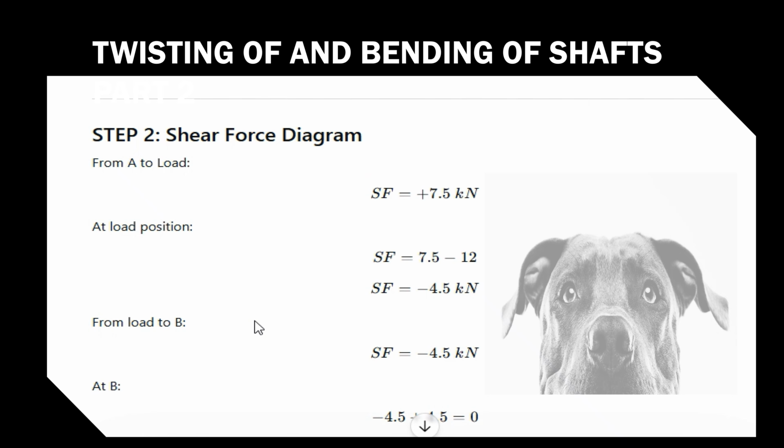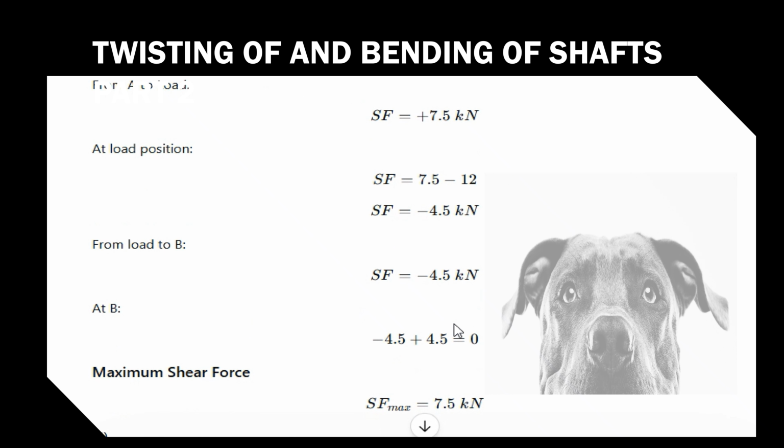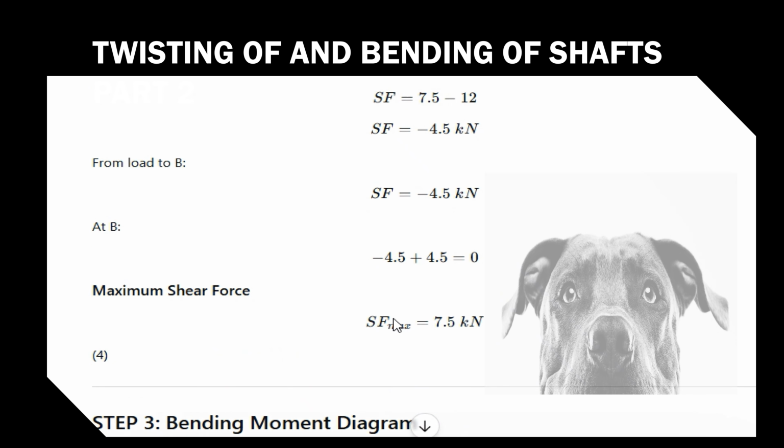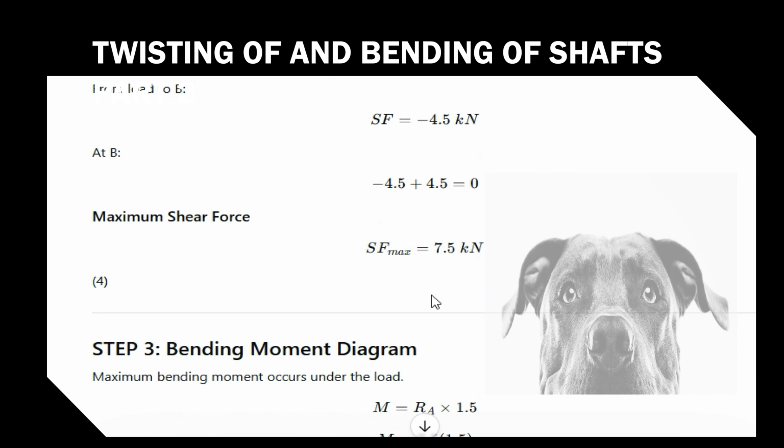From the load to B, shear force equals minus 4.5 kilonewton. At B, it will be minus 4.5 plus 4.5, which is 0. The maximum shear force here is positive 7.5 kilonewton. This is the maximum shear force. Then here is where you are going to earn 4 marks.